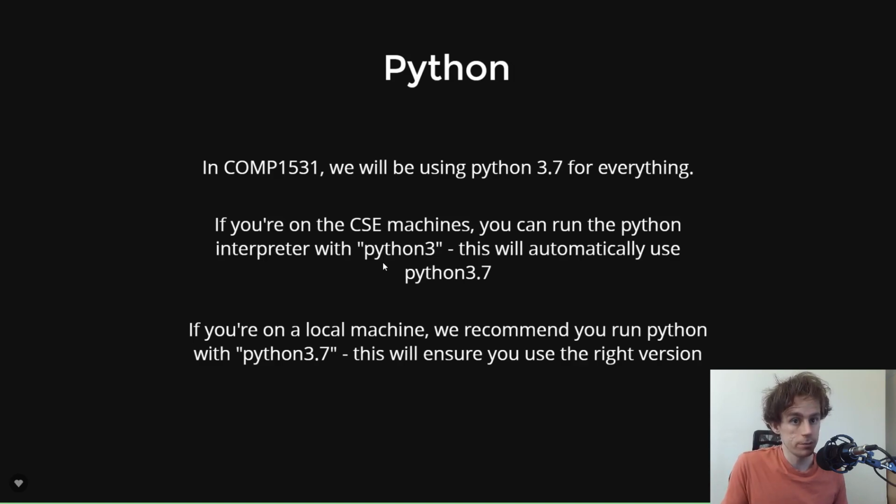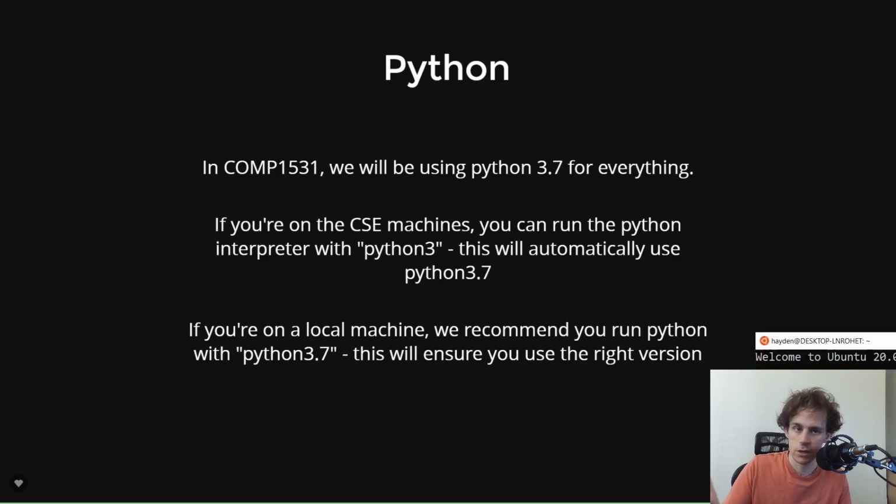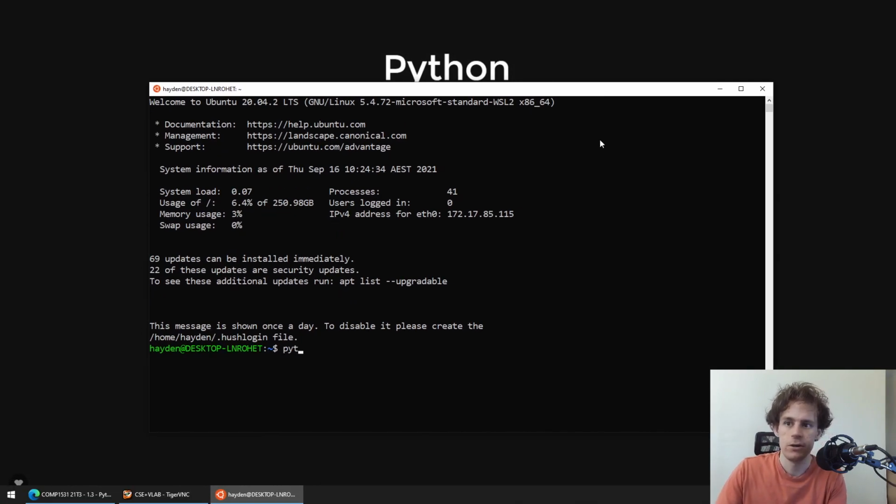If you're on your local machine, like a Linux or Mac or Windows subsystem, you might want to run Python 3.7 manually, and I'll show you why. I'm just going to open up my own Windows subsystem for Linux here. If I do python3 --version, you'll see that my version locally is actually 3.8. And this could lead to some slight discrepancies throughout the course.